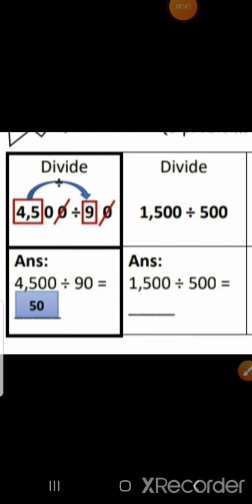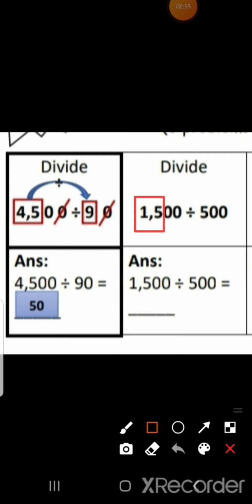Okay, what we need to do first is to go ahead and identify our concrete numbers, which is 15 and 5 for each, right? So that we can then go ahead and divide them. So we will say 15 divided by 5, we will get the answer.